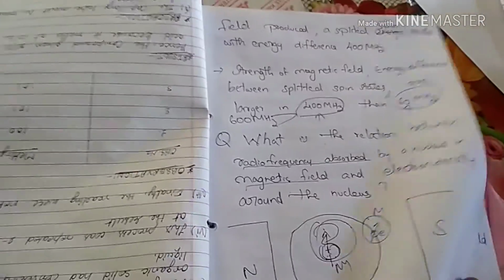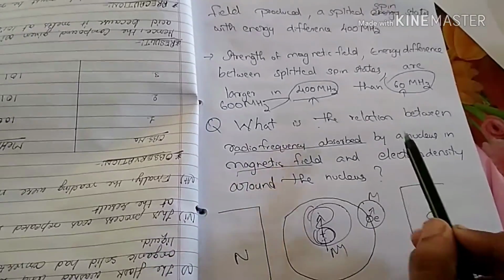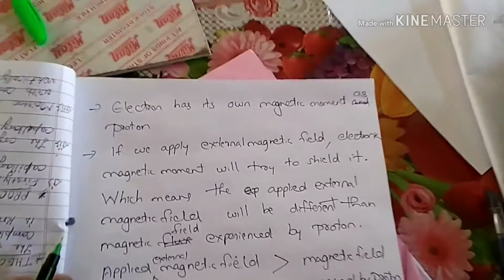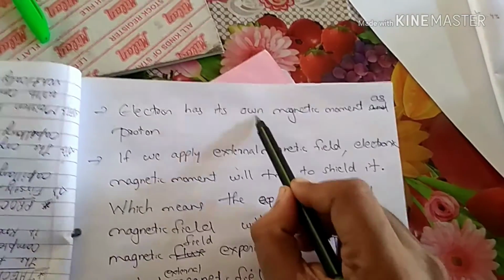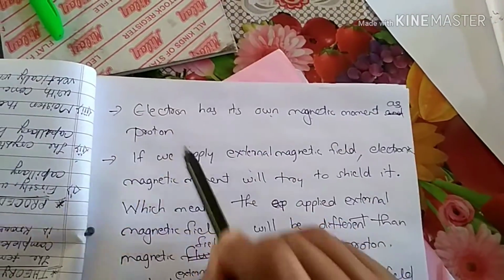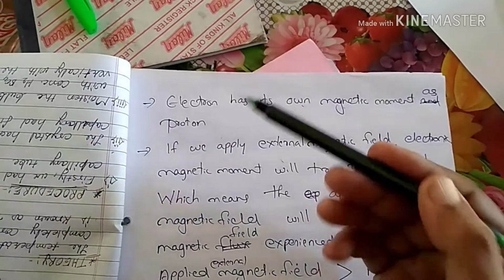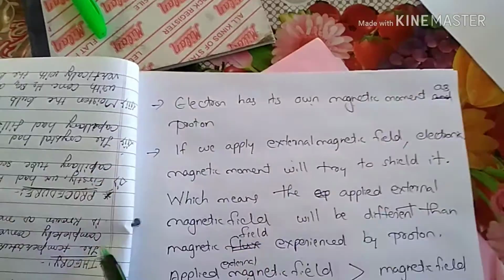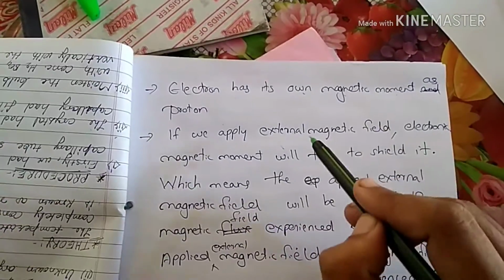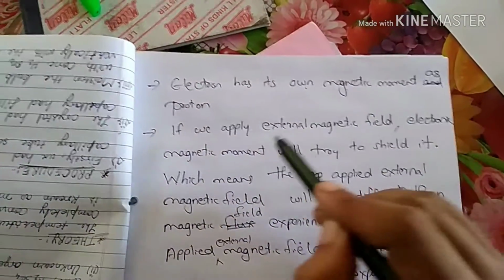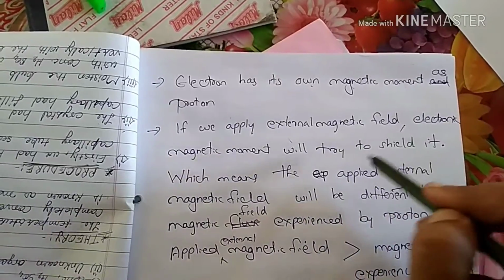Now we will come to the answer. What was the question? What is the relation between electron density and radio frequency absorbed? Answer, first point: the electron has its own magnetic moment, as the proton does. We have already said that the proton has a magnetic moment; the electron also has a magnetic moment like the proton. If you apply an external magnetic field, the electronic magnetic moment will try to shield it.